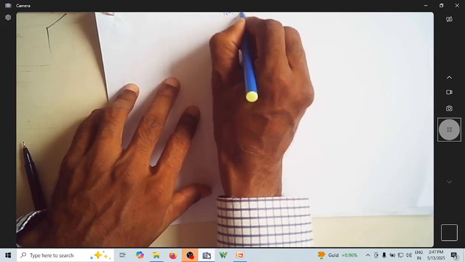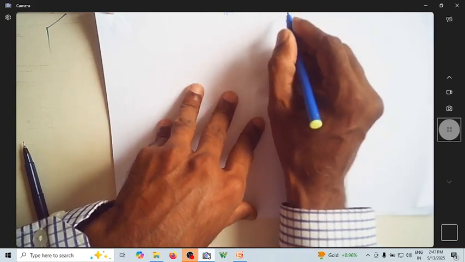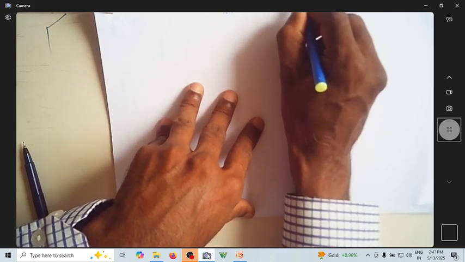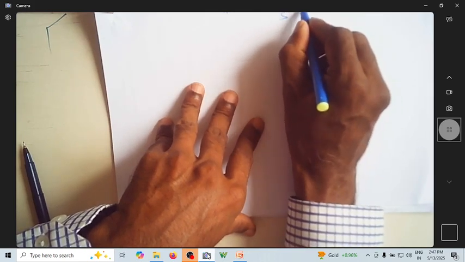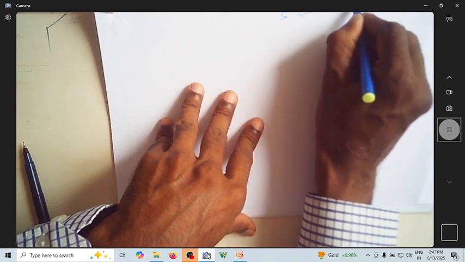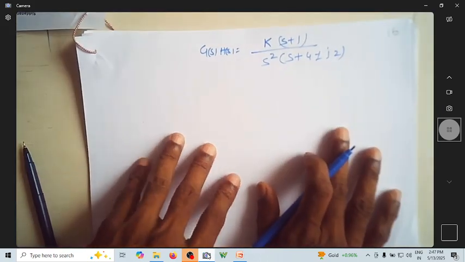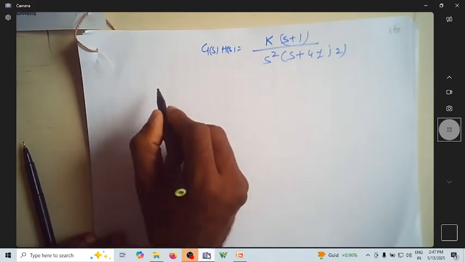G of S into H of S of a unity feedback system is K by S plus 1, S square, and S plus 4 plus or minus K2. Of course, this is the pole and zero positions.